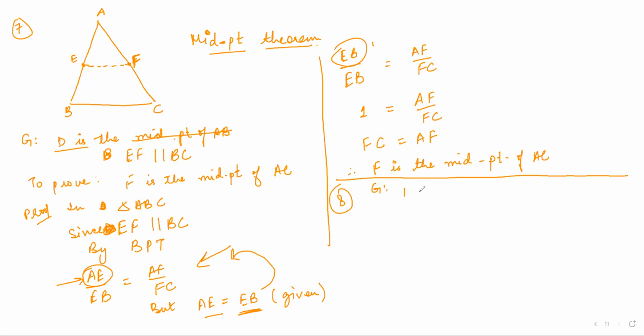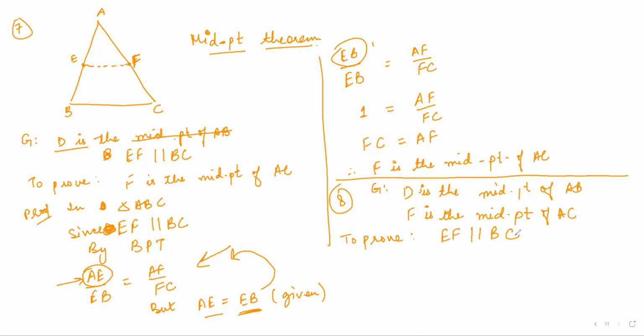So it is given that D is the midpoint of AB. It is also given that F is the midpoint of AC. Clear? So this time it is given, and you have to prove that your line EF is parallel to BC.